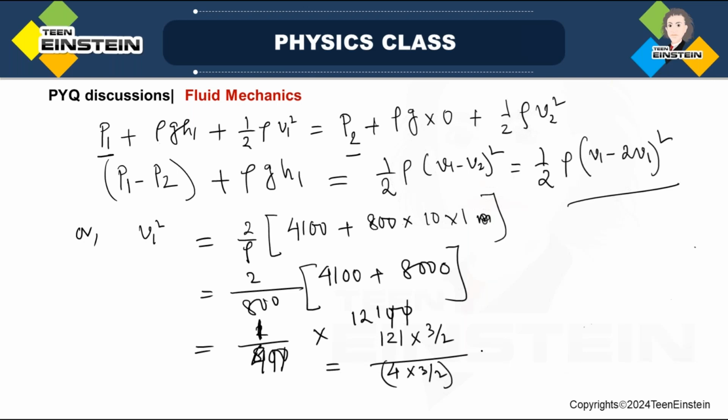So this will be 1 into 3 by 2 into 6. So this will give you 3, 363 by 2. I don't know, somehow I'm getting this 2.